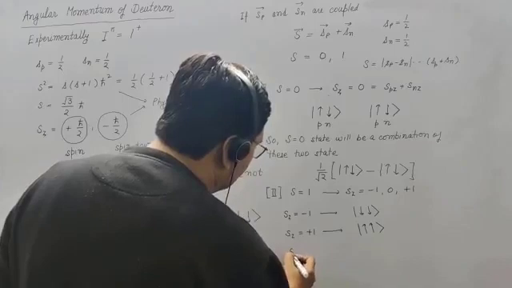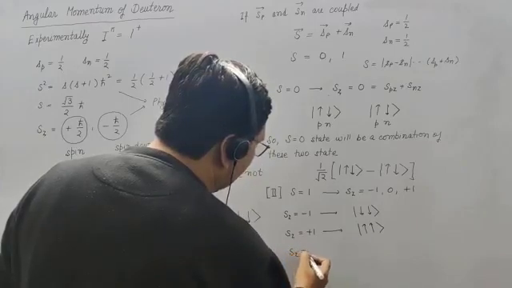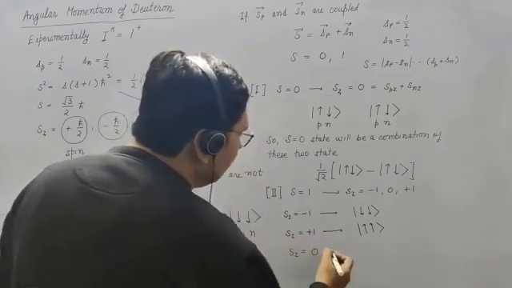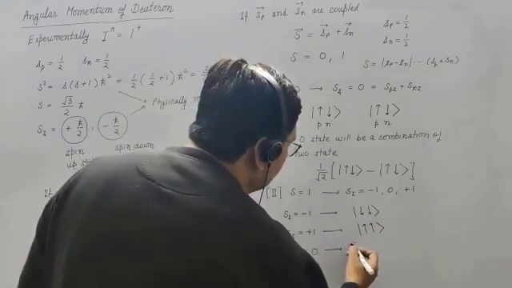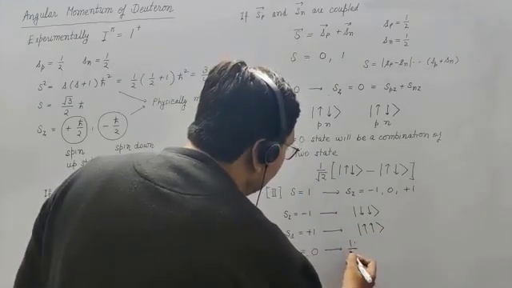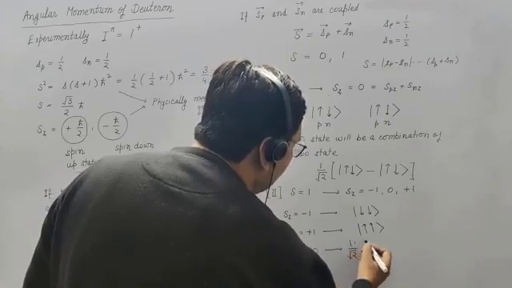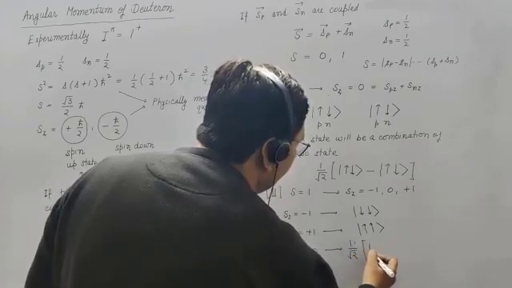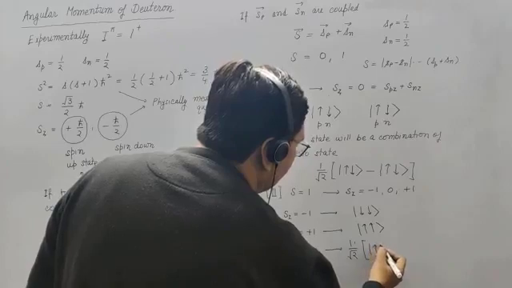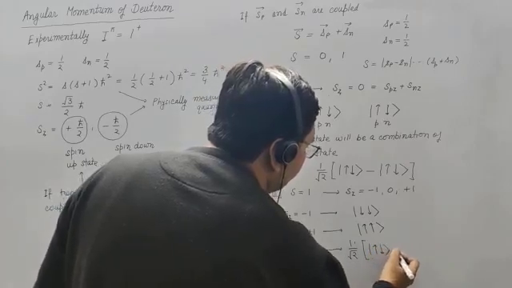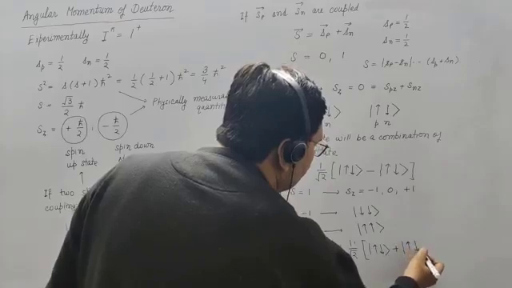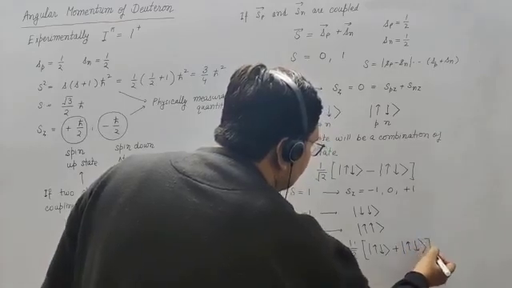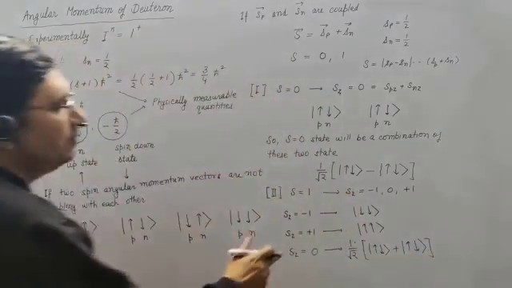Now there will be a third case, Sz equal to 0. This will again be a combination of these two states, with 1 by root 2, and here it will be a combination of these two again. But you have to remember that this state is different from this first state.